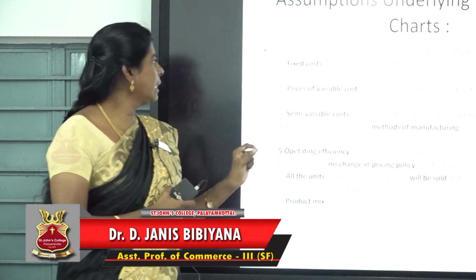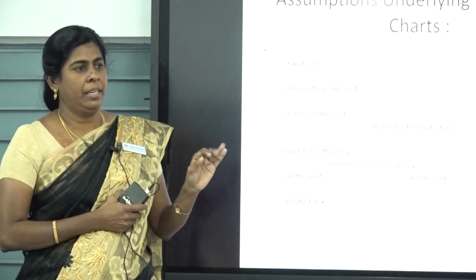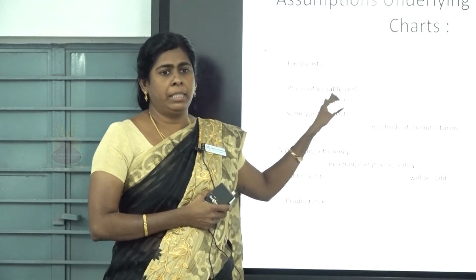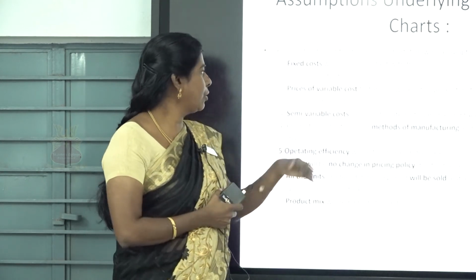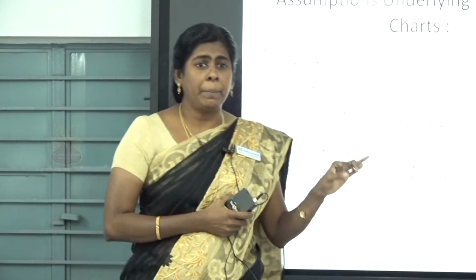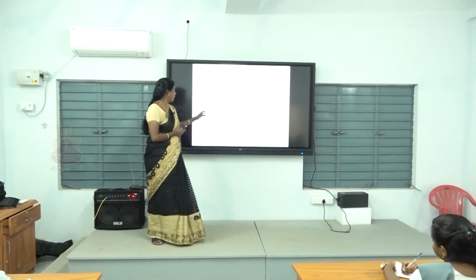Next one is prices of variable cost. It will be unchanged. It also remains constant. It is one of the assumptions in break-even analysis. Next one is semi-variable cost. I have already told you, semi-variable costs are classified or segregated into fixed cost and variable cost.